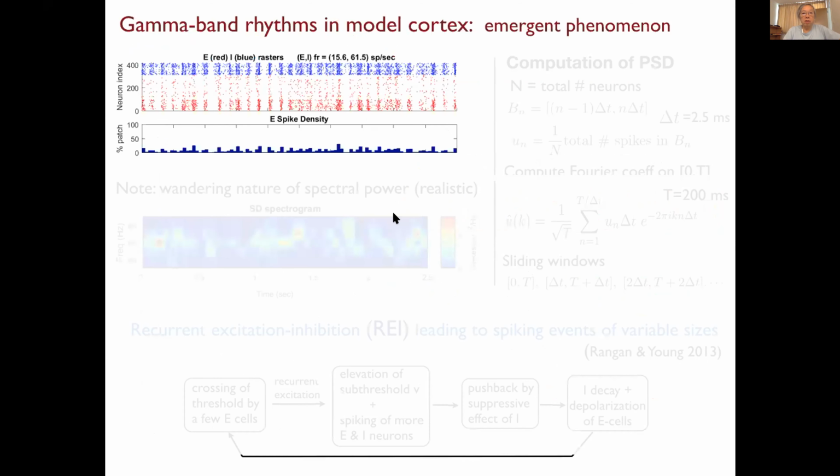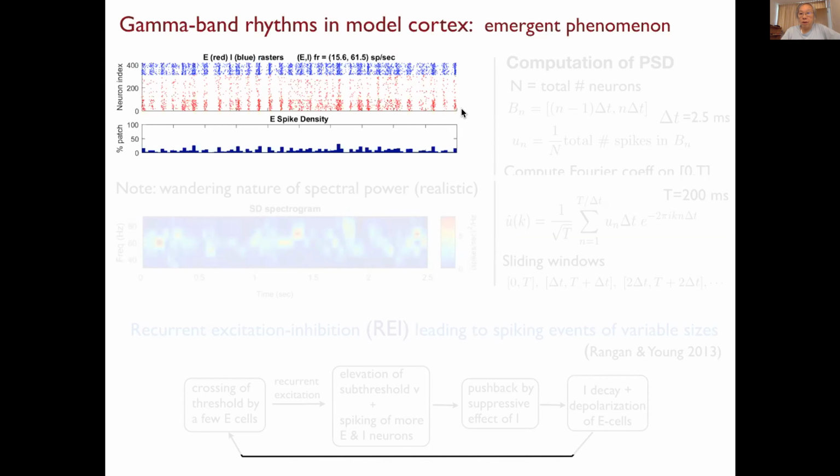Okay, so just to say a little bit, gamma band rhythm is detected, as you all know, in many parts of the brain, and it also shows up in models. You take a group of neurons, you randomly connect them together, and a gamma rhythm will appear, if you respect the physical time constants, I should say, and respect the fact that E and I are in good balance.